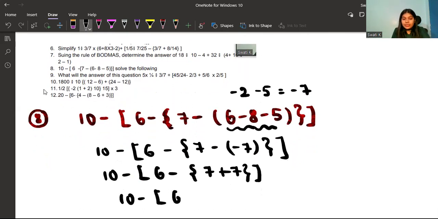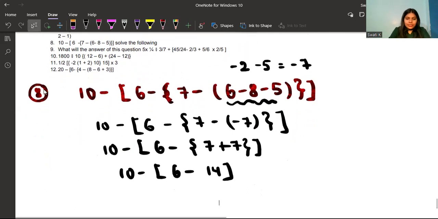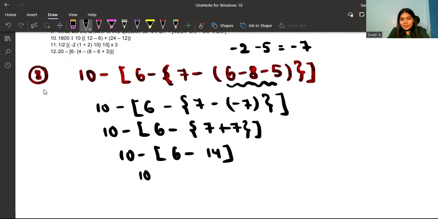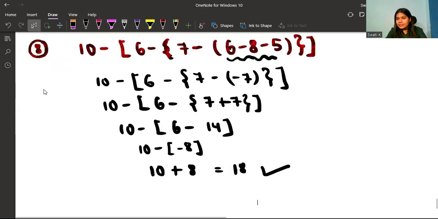So 10 minus 6 minus 7 plus 7 is 14, which is, of course, you can see it is nothing but 10 minus 6 minus 14, which is minus 8. So this will become minus 8. And if I remove the bracket, it will become minus minus plus 8, which is 18. So the answer we have got for question number 8 is 18.